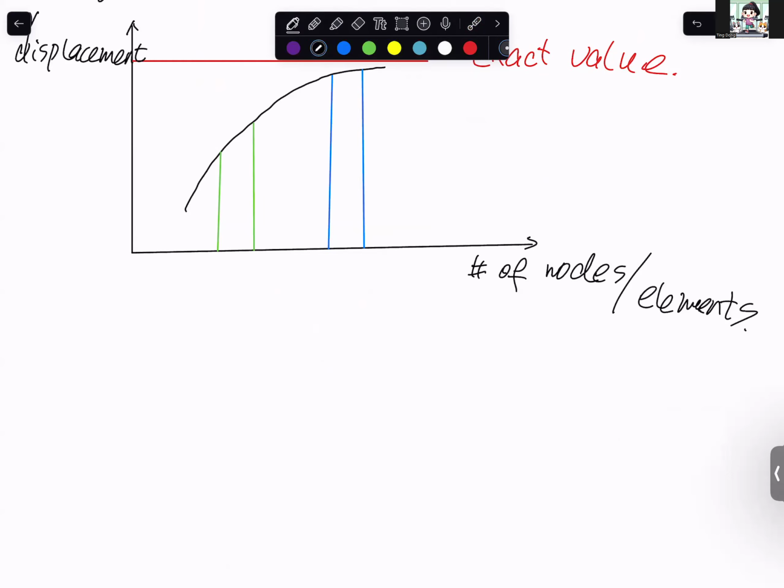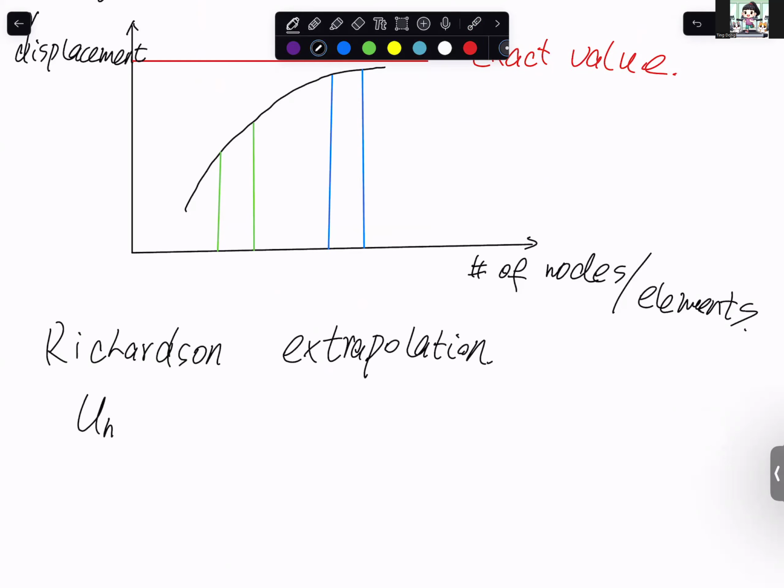We use a model. So U_H is the corresponding displacement or stress result based on the size H. And U_0 is the exact value we expect.